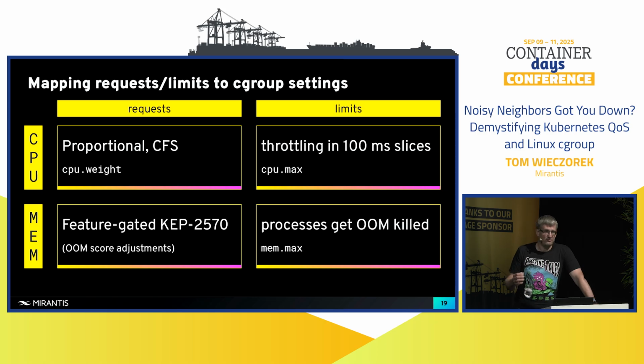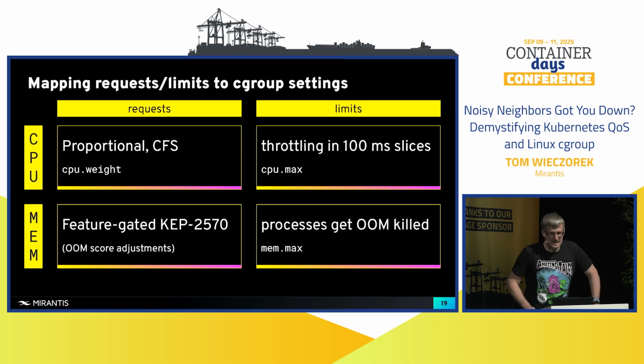There's no notion of trying to request memory but not getting it. The Linux kernel will just give you the amount of memory that you requested, but then you're eligible for OOM kills, and your process will be terminated because it was using too much memory. So this is a very important difference between both settings: when you're hitting your CPU limits, you're just being throttled. If you're hitting your memory limits, you're being killed.